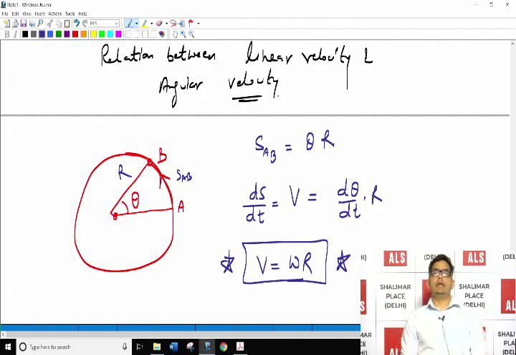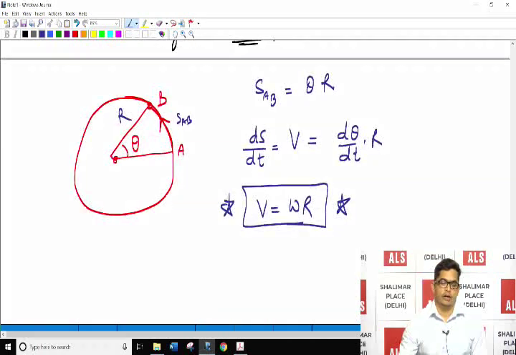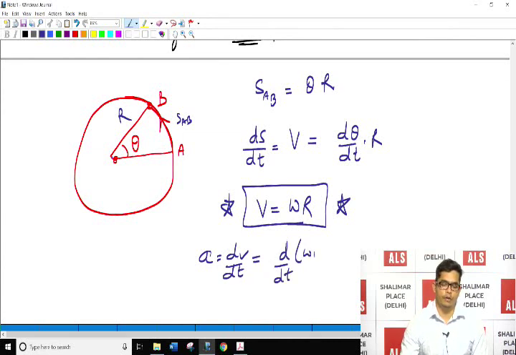With radius being multiplied with the angular quantity, because a similar result can be obtained for acceleration as well. Linear acceleration a is dv by dt, and that is equal to d by dt of omega into r.